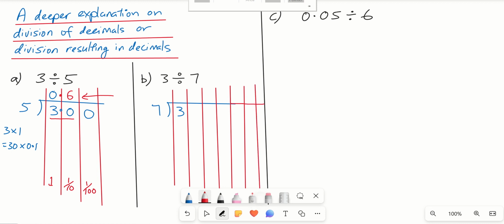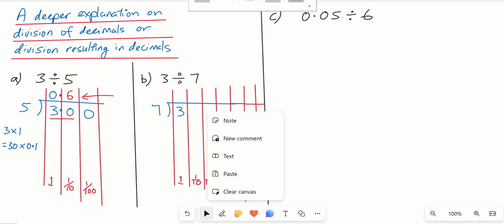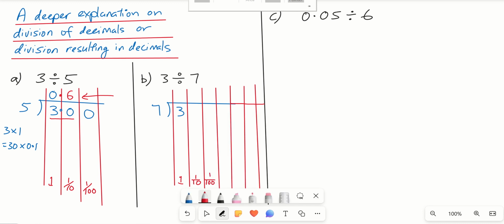All right, so we have the ones place value column, and then we have the 1/10 place value column, and then we have the 1/100th place value column, and so forth. All right, so we'll put a decimal point in between the ones column and the 1/10 column.